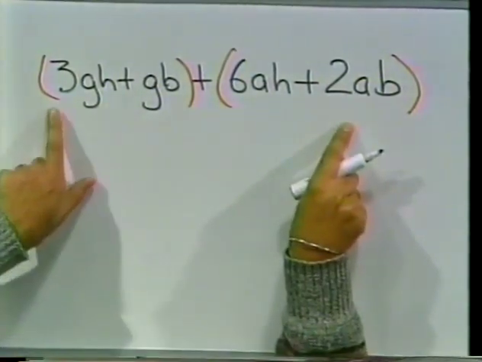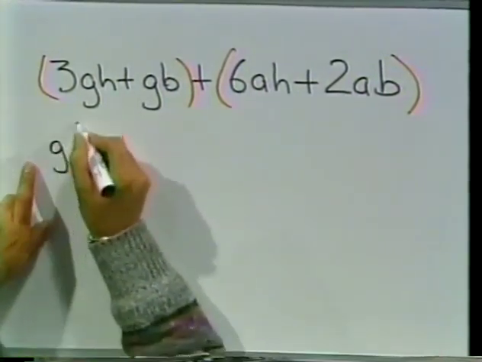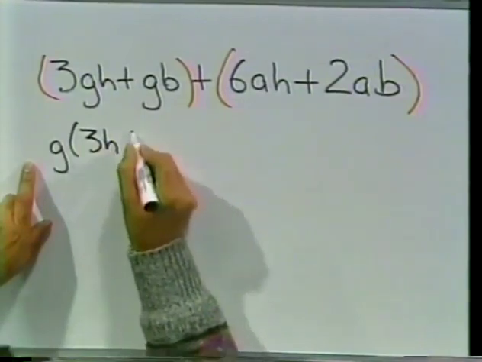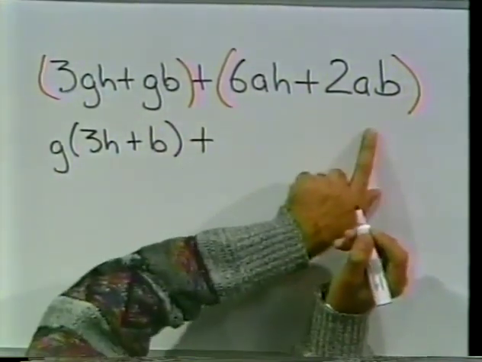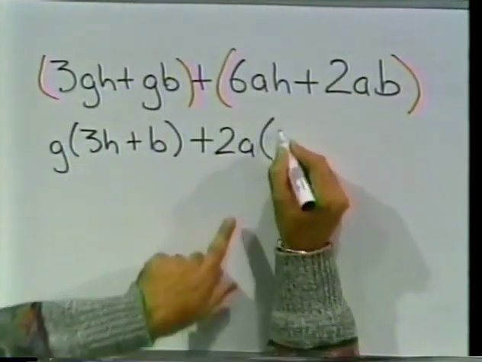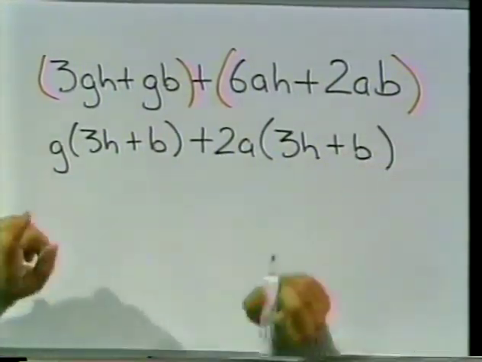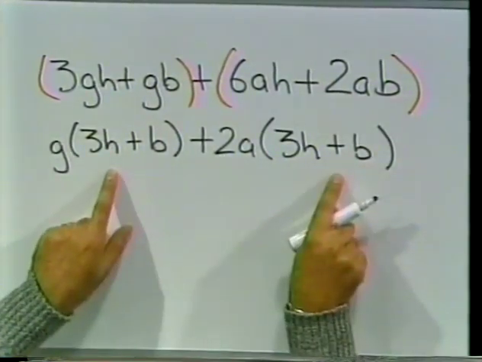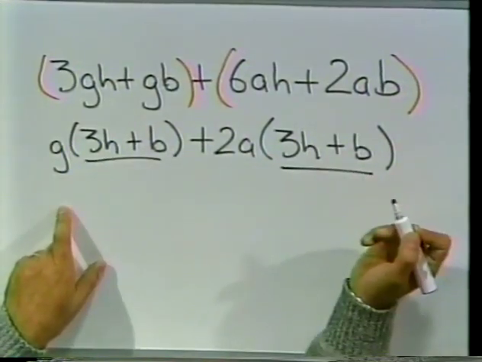A common factor in the first binomial is g, so I factor that out. I have 3h plus b. And a common factor in the second binomial is 2a. So I factor that out, and I have 3h plus b. Now, notice that the two binomials in the parentheses are the same, 3h plus b and 3h plus b.